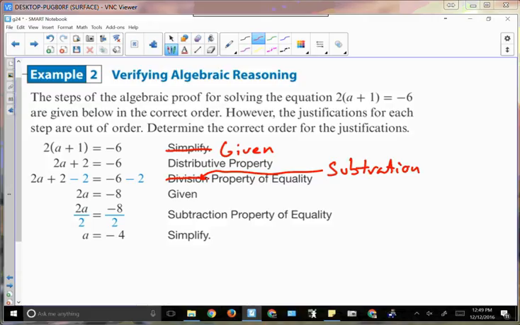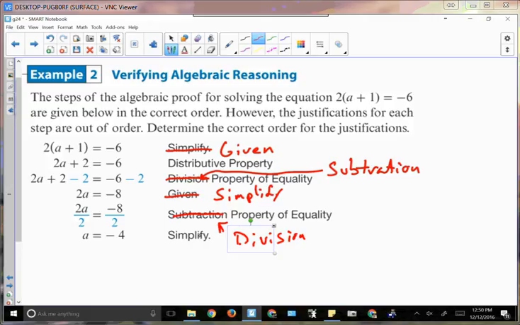No, that should be what? That should be the simplifier. After all, how do I get from -6 minus 2 to -8? Simplify. So, what should be down here? Okay, that is where the division should be. Is simplify correct then?